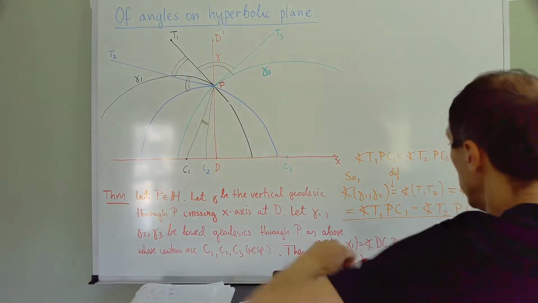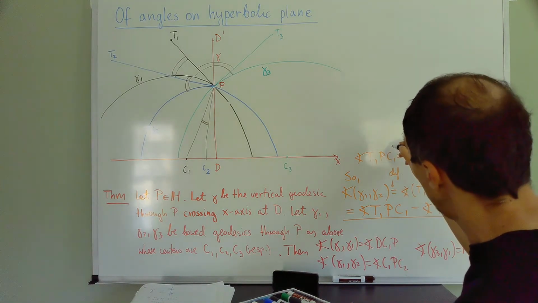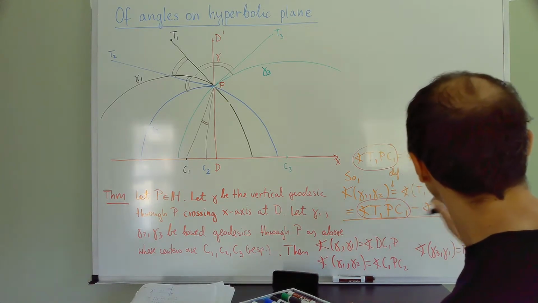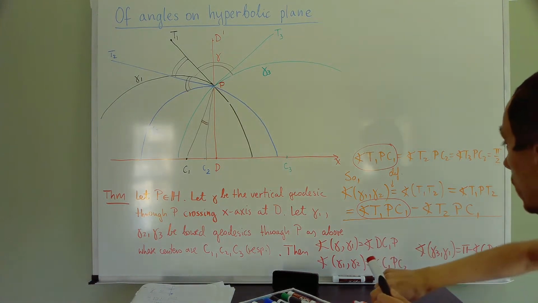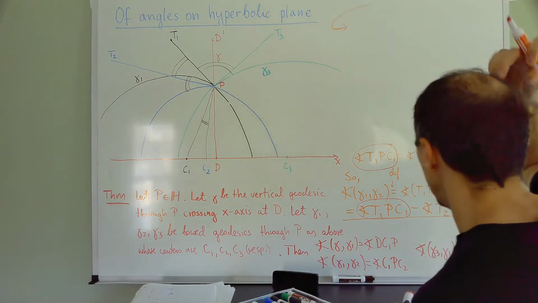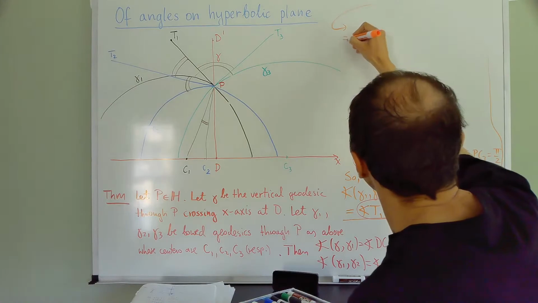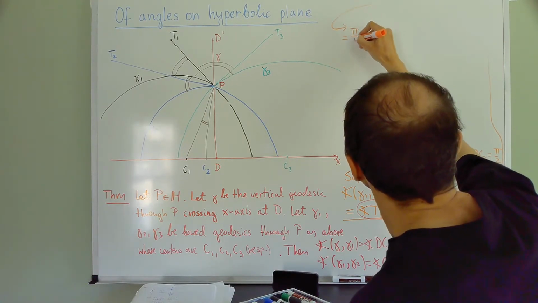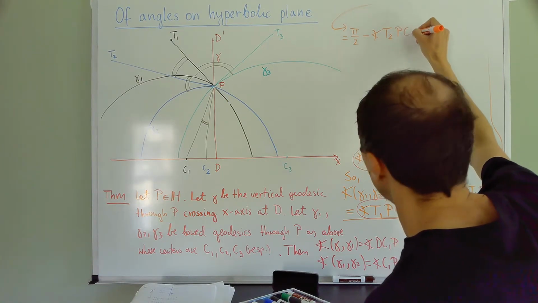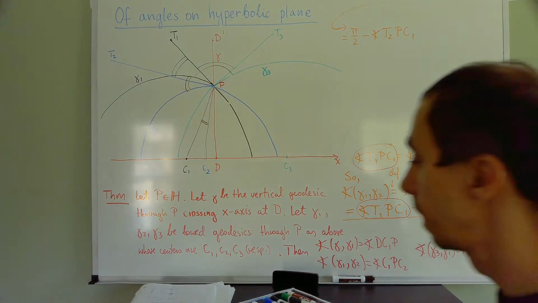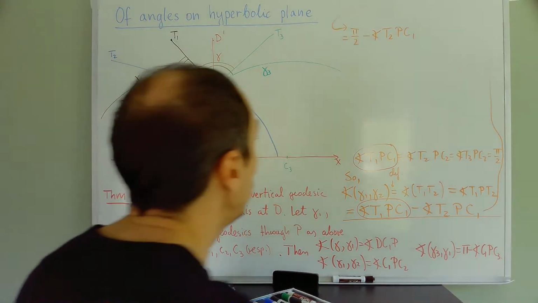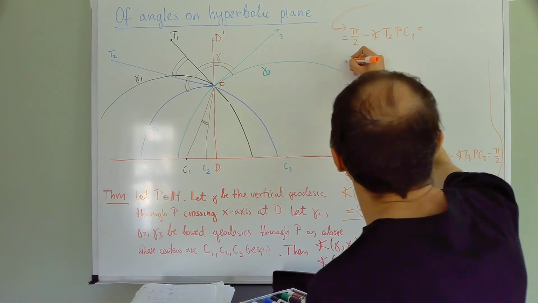Oh, but what do we know about this one? We just said that T1 P C1, which is the same angle as this, is equal to pi halves. So that gives me that this is pi halves minus the angle T2 P C1. But what's the angle T2 P C1?